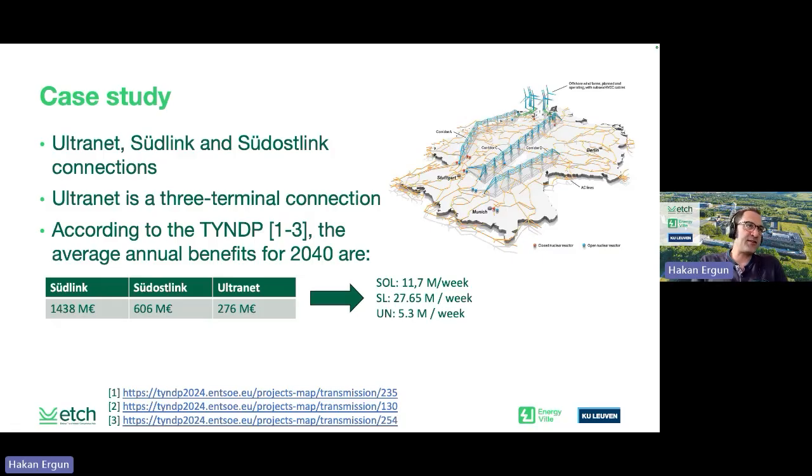And if you look at the actual assessment that has been conducted, you can see what the social welfare benefits for 2040 are as projected, and these are the social welfare benefits that are brought per year. I also calculated them per week because the calculation can take quite a long time.